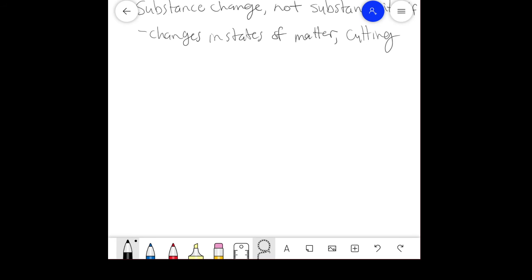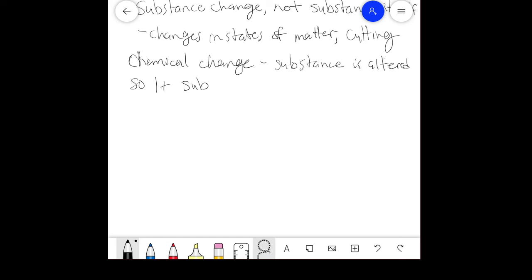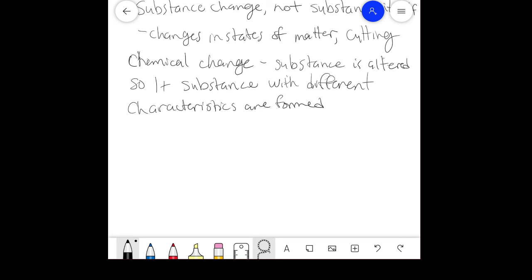Then if you have a chemical change, the substance is altered, so one or more substances with different characteristics are formed.